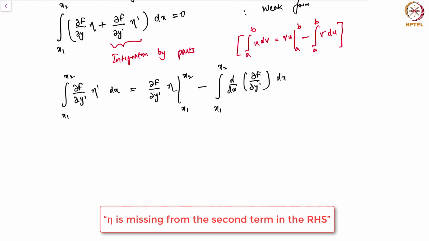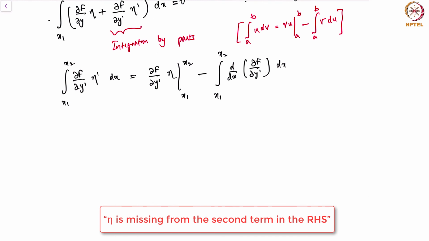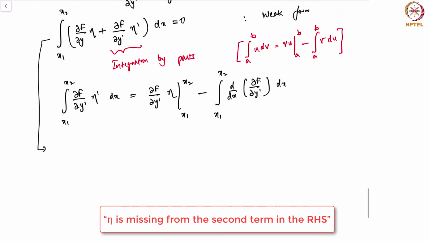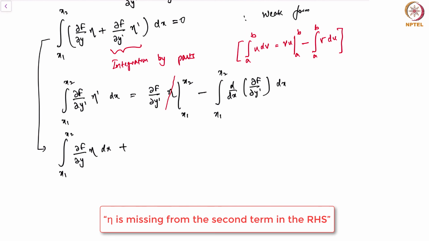Now if I substitute into this, we simply have the integral from x1 to x2 of ∂f/∂y η dx, that's the first term. Let me write them slowly. Now, the boundary term is 0 because η at x1 and at x2 is 0. Since η of x1 and η of x2 are 0, the first term disappears.